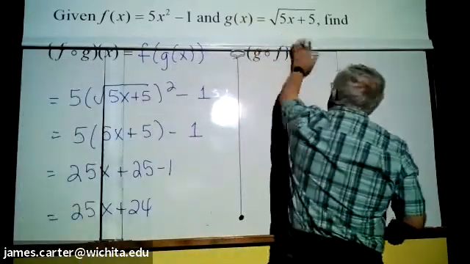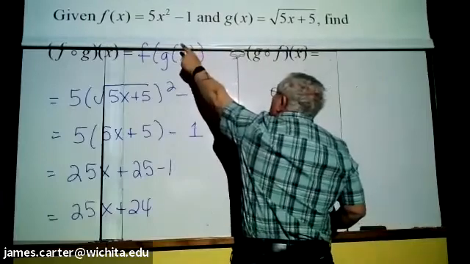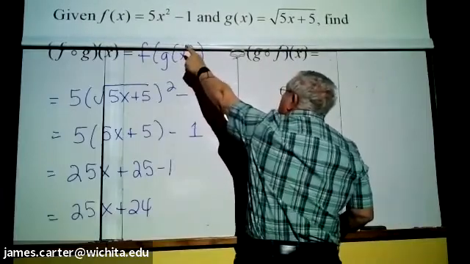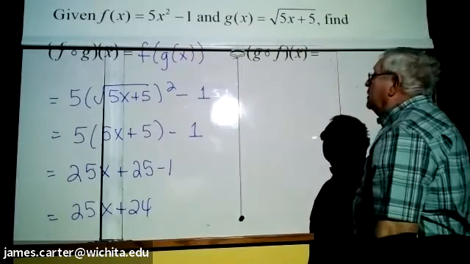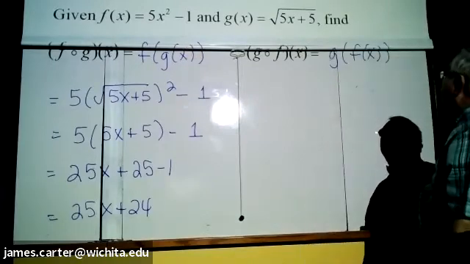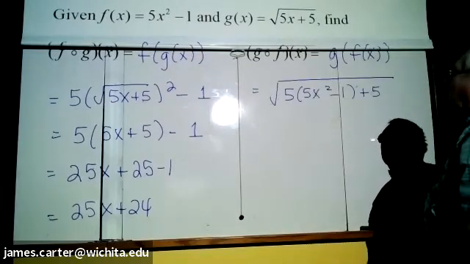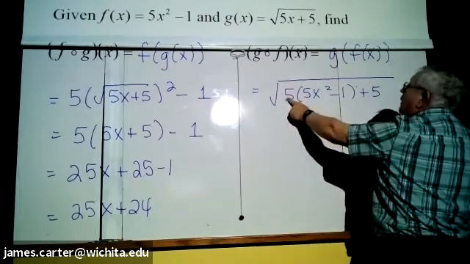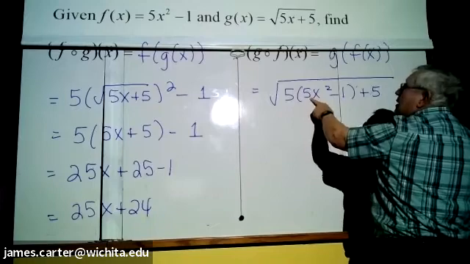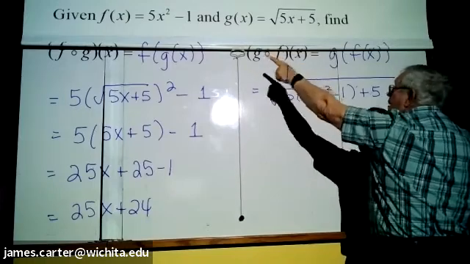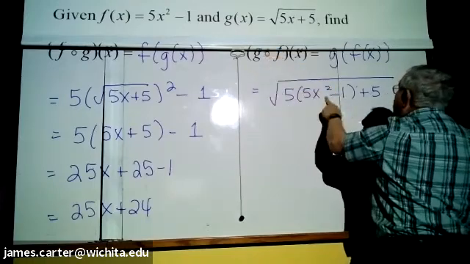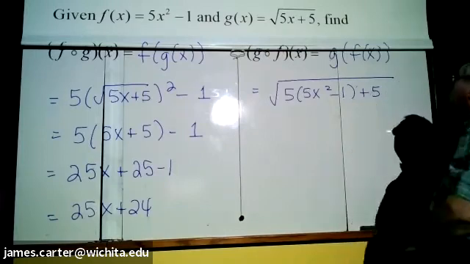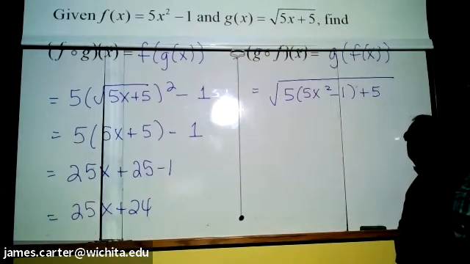We're going to take this square root and substitute in the 5x squared minus 1. So here's my g of x equation, the 5, and then I substitute the f equation where x was, plus 5, all under the radical.